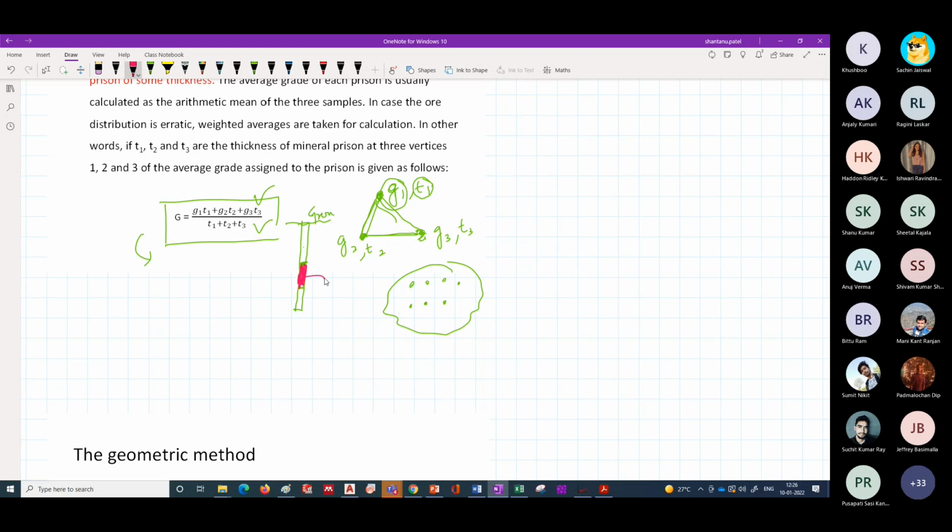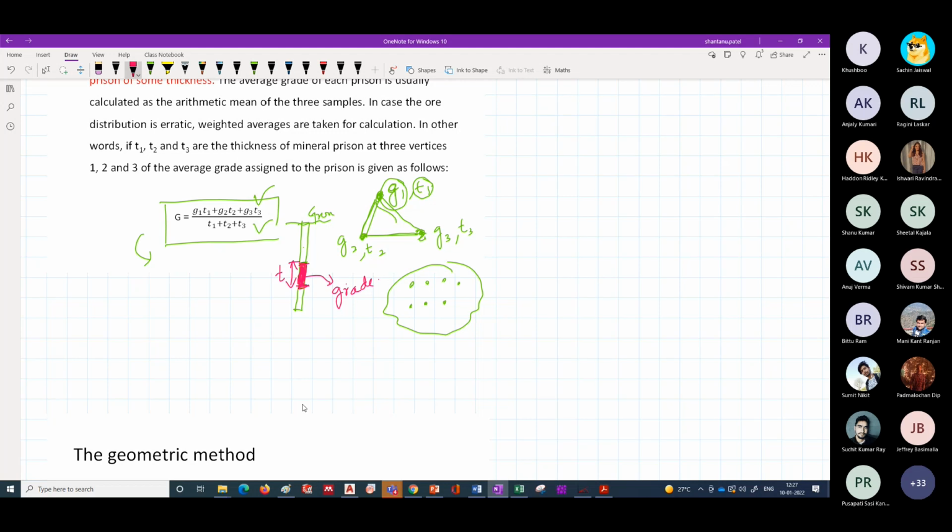You take this ore to your lab, do some investigation to find out the average grade. Also, when you take out this ore, you know up to what length this mineralization has occurred, right? So this length is your thickness T1. Is this clear? Yes, sir.